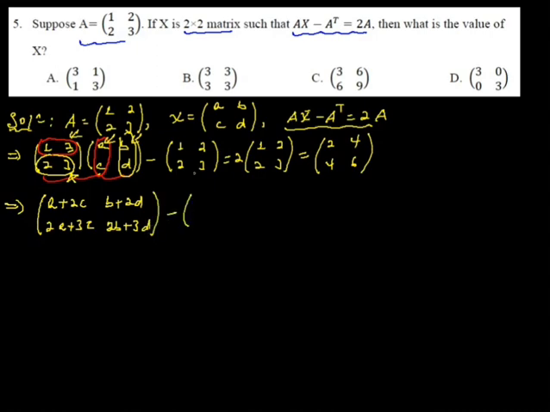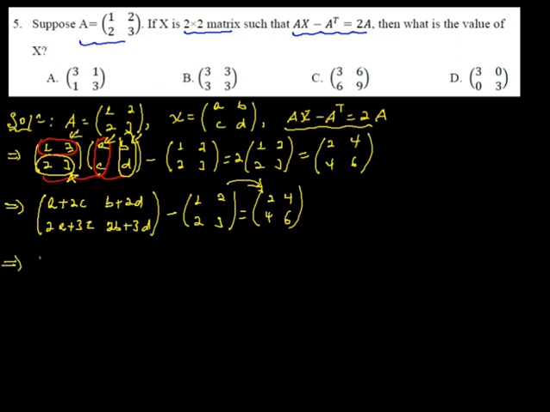Minus 1, 2, 2, 3 equals 2, 4, 4, 6. So you can take this matrix to the right side and add it.